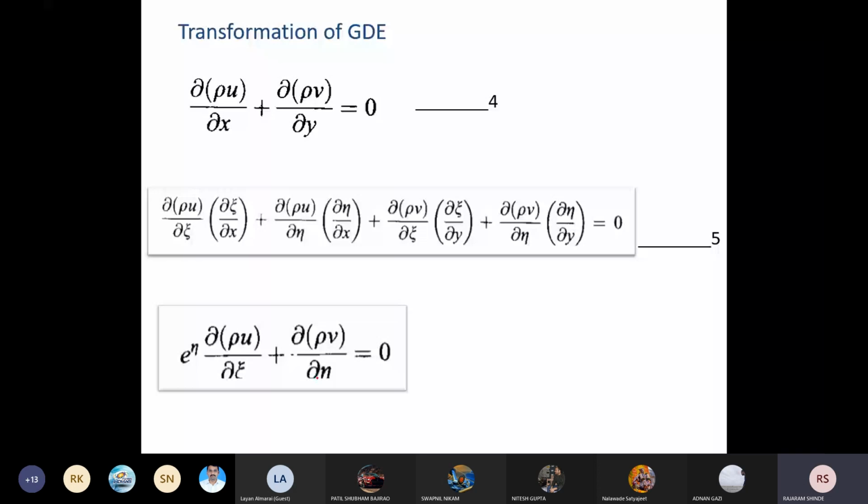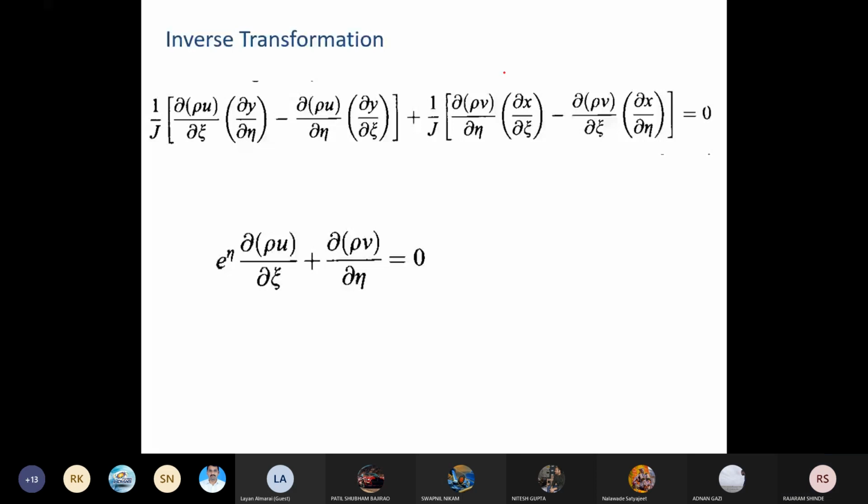I will write here in inverse transformation, you have x is equal to ξ and y is equal to e raised to η minus 1, because your η is equal to log of y plus 1, but when we take the inverse you will get y is equal to e raised to η minus 1. That is your inverse transformation.